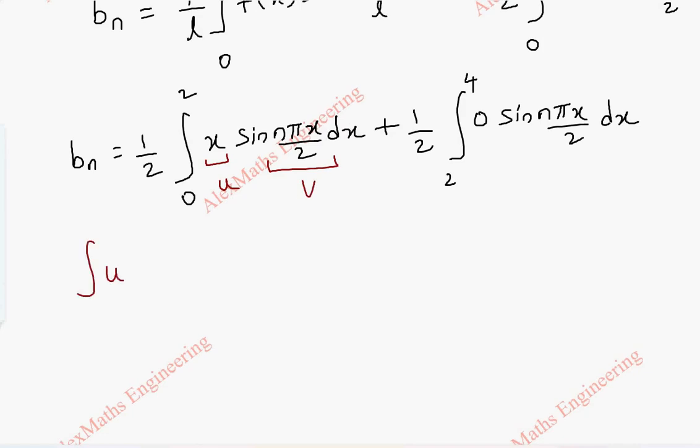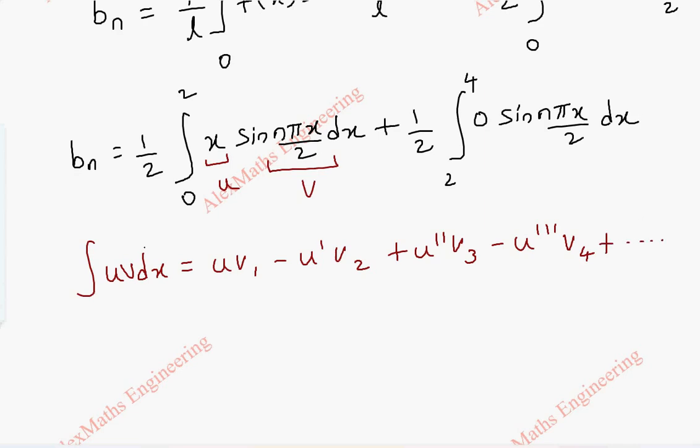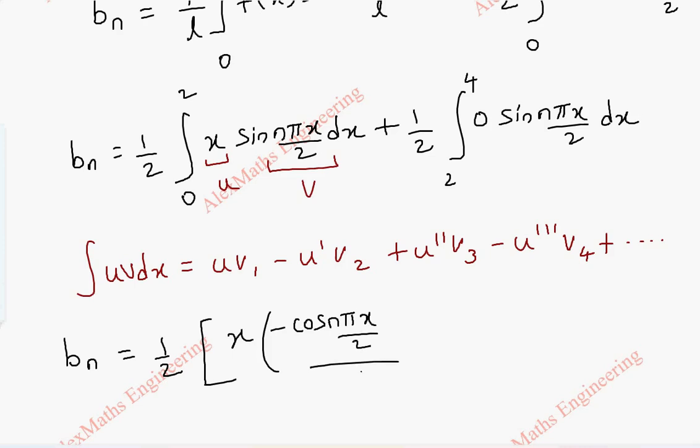We are going to use Bernoulli's integral. Integral of u v dx is u v1 minus u dash v2 plus u double dash v3 minus u triple dash v4 plus dot dot dot. So now bn becomes 1 by 2 u, x you kept as it is, v1 is integration of v, which is minus cos n pi x by 2 by n pi by 2.